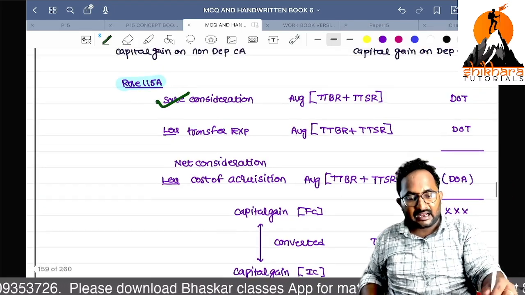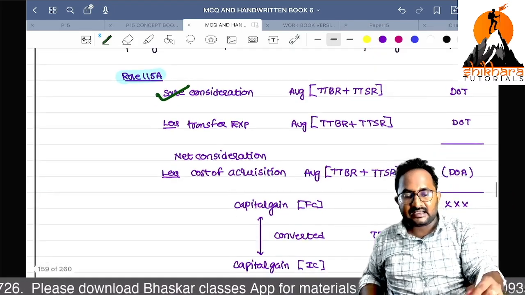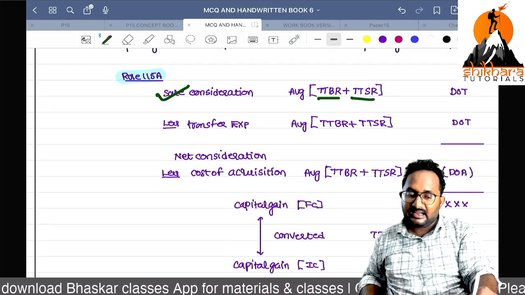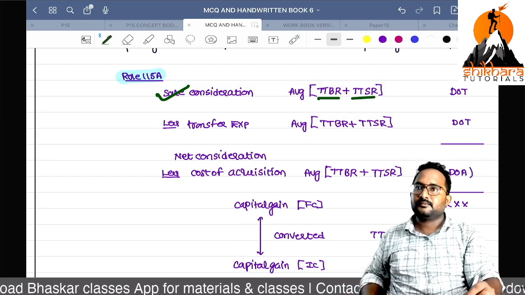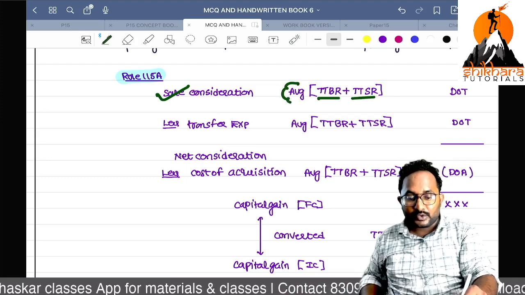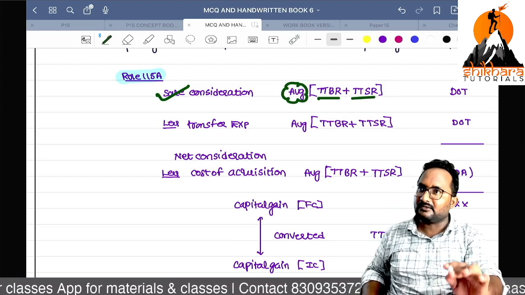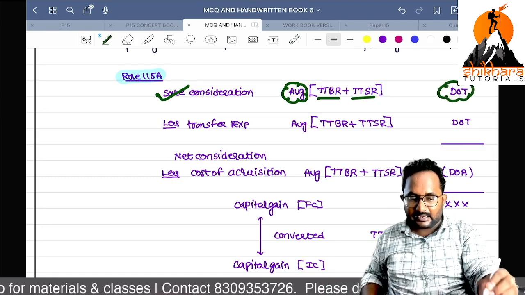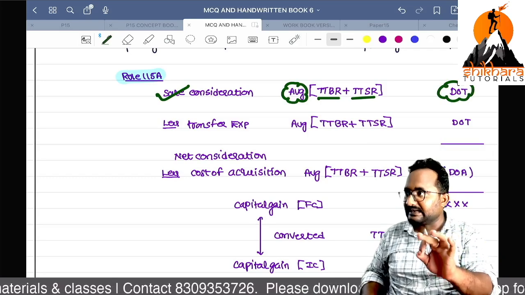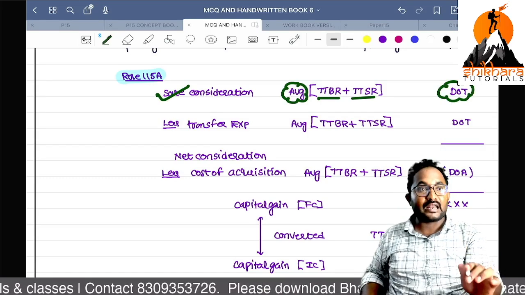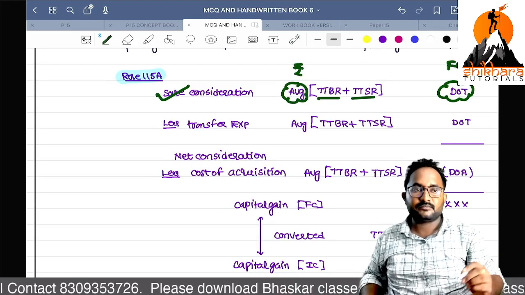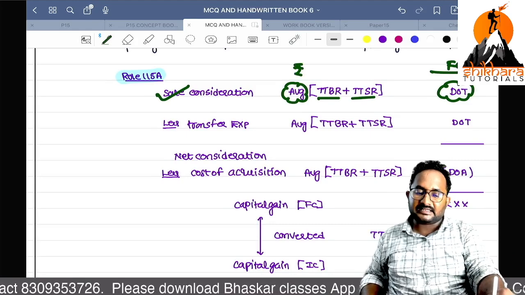But that should be converted into foreign currency by using the telegraphic transfer buying rate and telegraphic transfer selling rate. So you have to take the average. Buying rate they will give you, selling rate also they will give you. On which date? Date of transfer. Transfer date rates they will give you. By using the average of those rates only, you can convert the rupees to which currency? Foreign currency. Finally, we are computing all the things in which currency? Foreign.